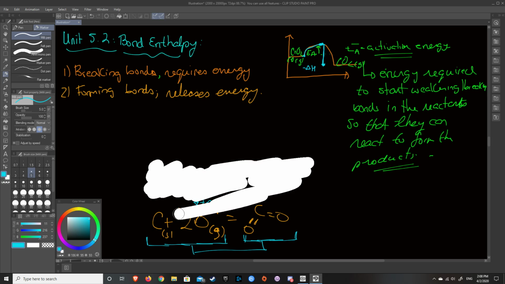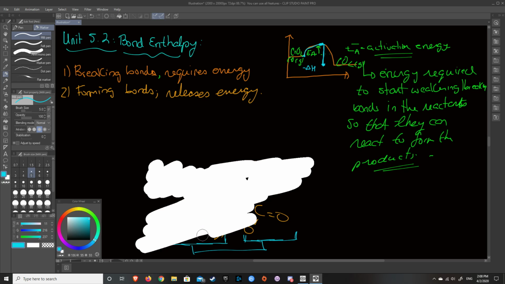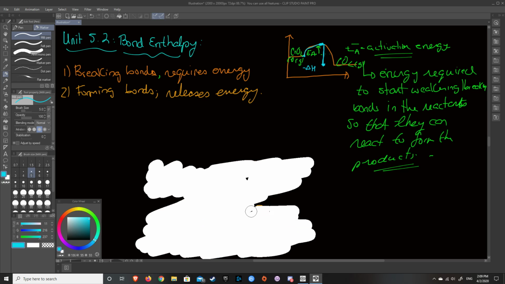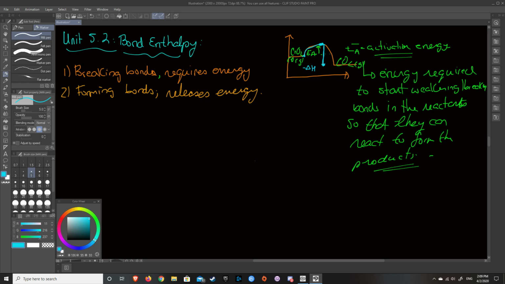We need energy to get up to that peak, but once we get there, we have the energy to start the reaction. We release more heat, which provides the energy for the activation energy, which activates more carbon molecules and moves the whole reaction towards the product side. So forming bonds releases energy.